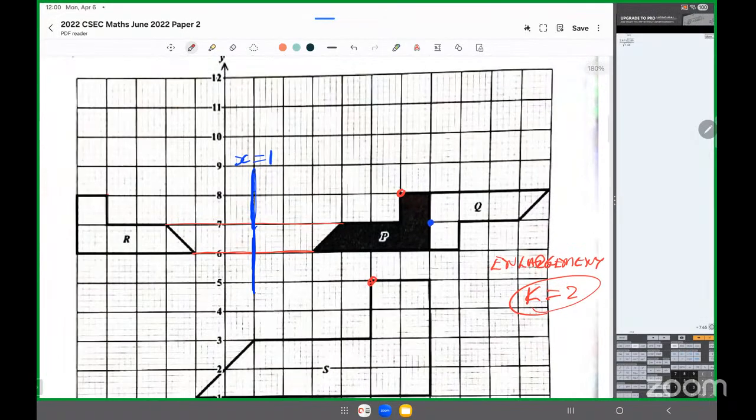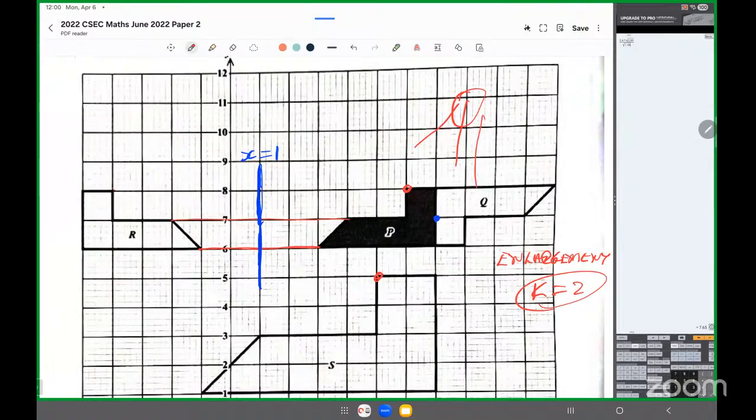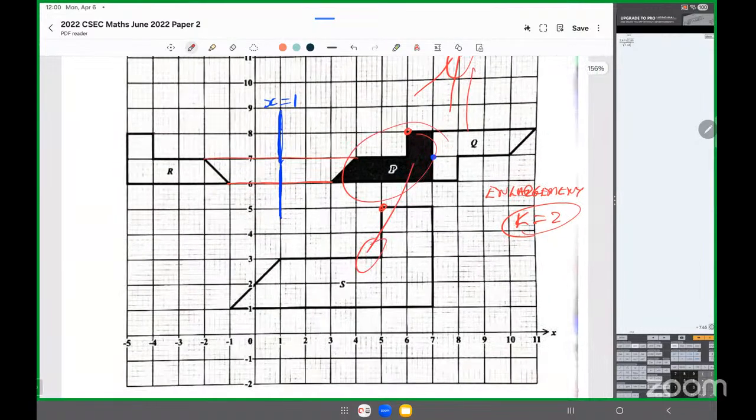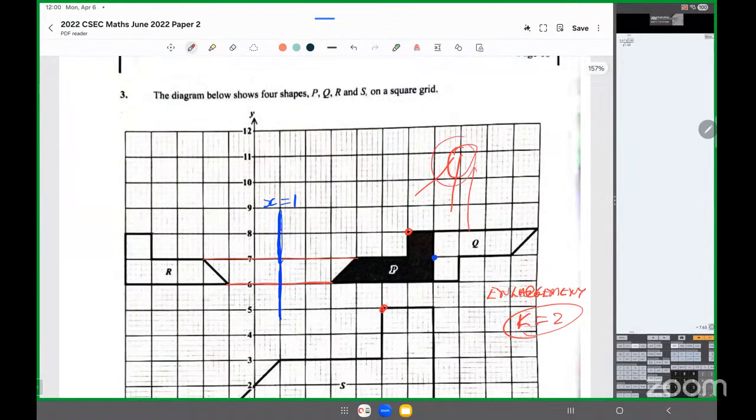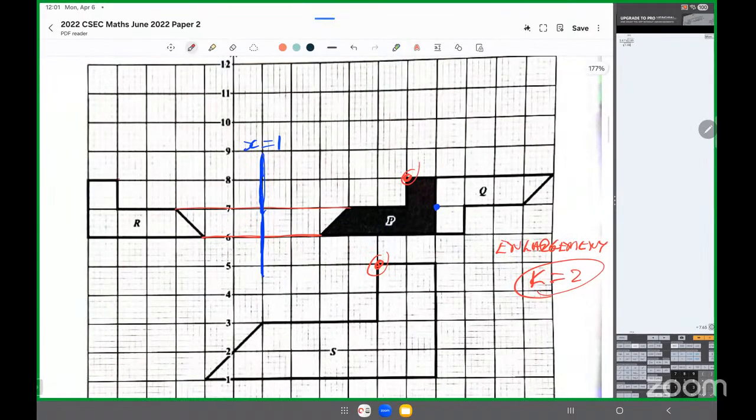The center is going to be somewhere up here because the enlargement is in this direction. It's like you have a focal point, like a light out here shining this way and making this cast a shadow. The enlargement is like a shadow. So the center is somewhere up here. To find it, you join the corresponding points and extend them back. So I can join this point and extend it back, something like this.